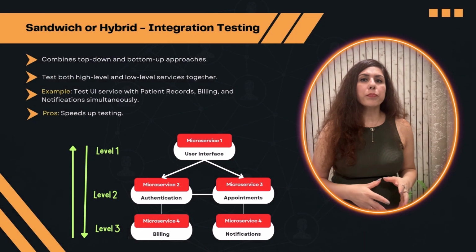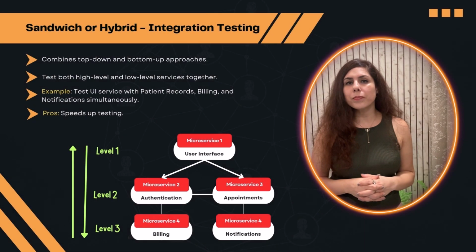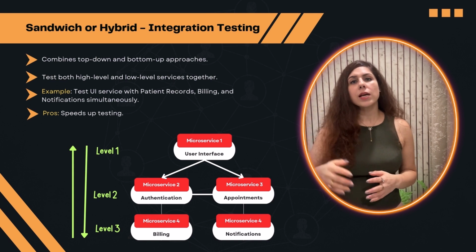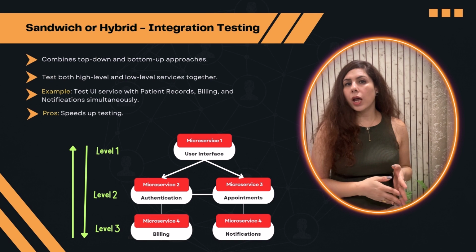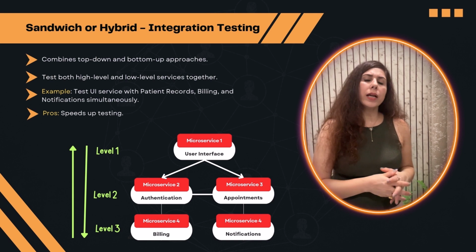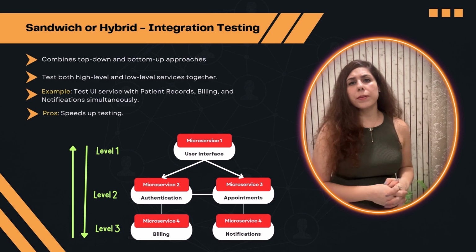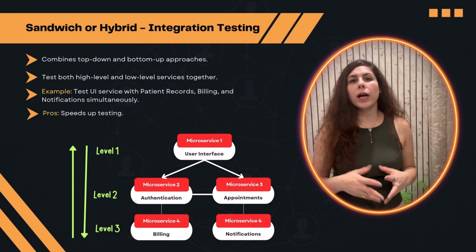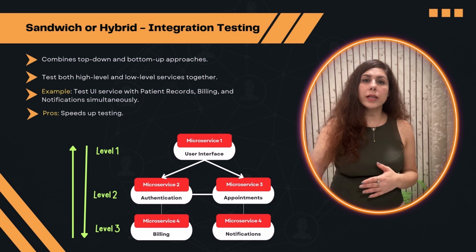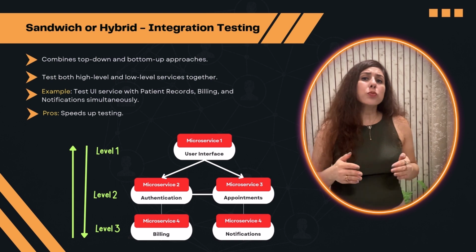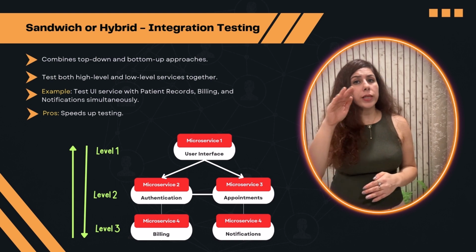For example, in a hospital management system, you might integrate and test the high-level service such as user registration and low-level services like billing, patient record management and notification service at the same time. This approach helps speed up testing by allowing you to focus on different parts of the system at once, ensuring smoother integration between the layers.